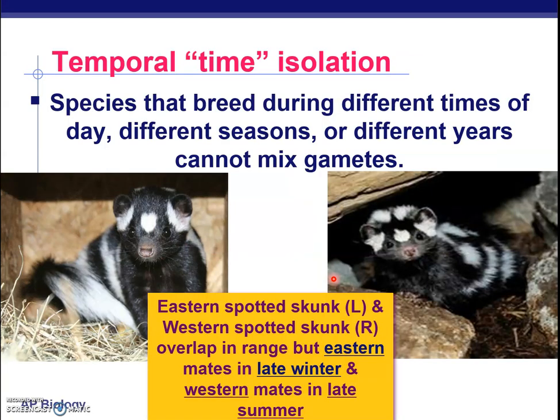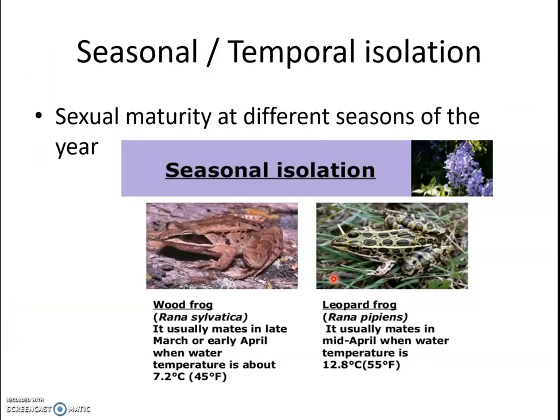Another example is that of salamanders, Amblystoma tigrinum and Amblystoma maculatum, two different species of salamanders.